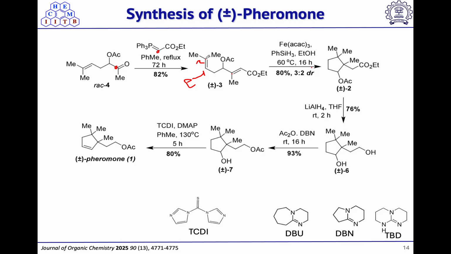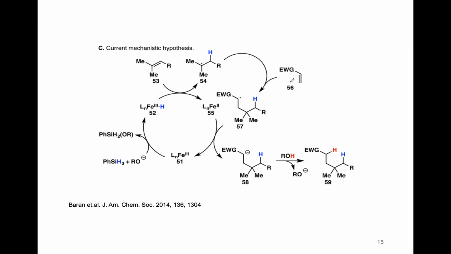Now this tertiary radical will add to the beta carbon. This alpha beta unsaturated ester is electrophilic, right? So this radical will add to this electrophilic carbon and give this C-C bond product, this cyclopentane.